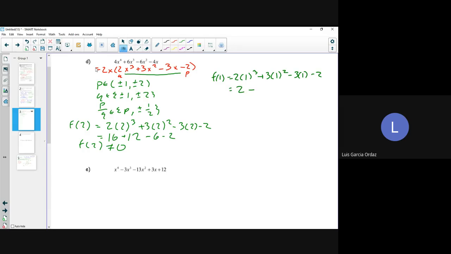So you have 2 plus 3 minus 3 minus 2. And when we add and subtract those together, what does it give us? 0. So that means x minus 1 is a factor.